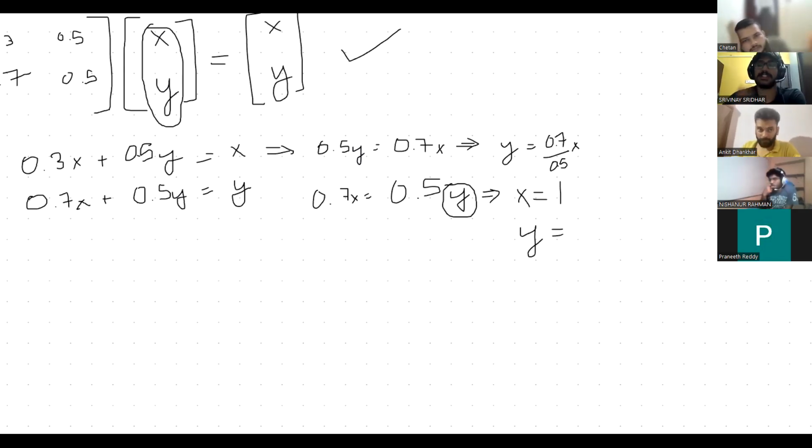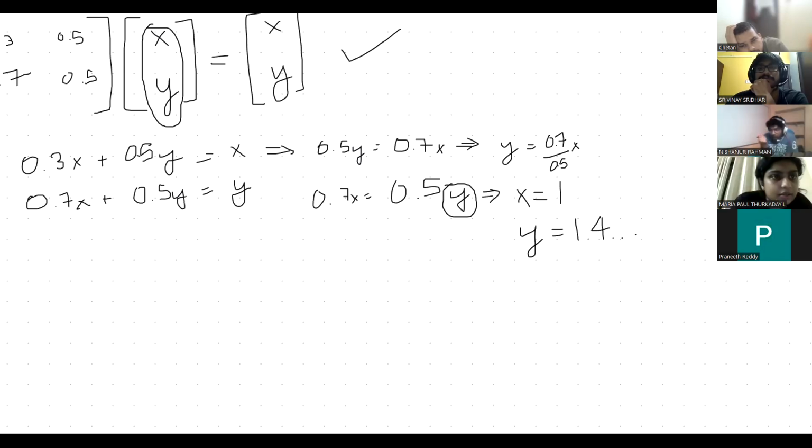What are we getting y equal to? 7 by 5, that is 1.4. Sorry, it is not E, it is 1.4. Actually, we know that x plus y is equal to 1000, right? So now we have two equations.